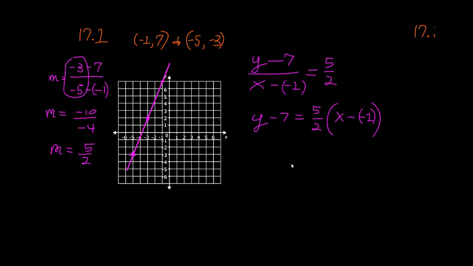The reason it's called point-slope form is because in this case we have a point, a coordinate, -7 and -1, indicated in our equation, and we have the slope. So we have a point and a slope, hence point-slope form.